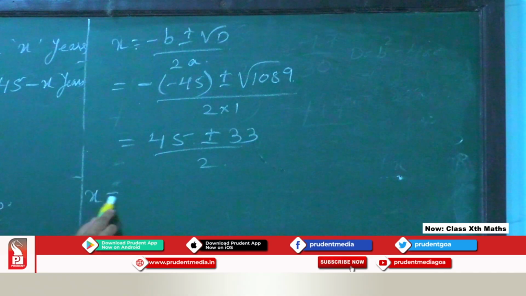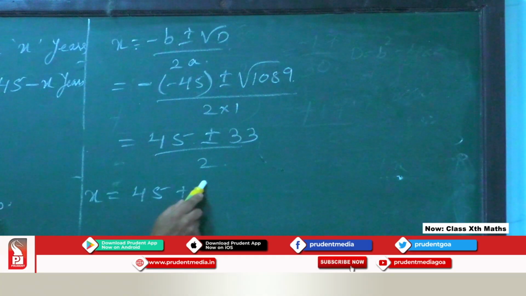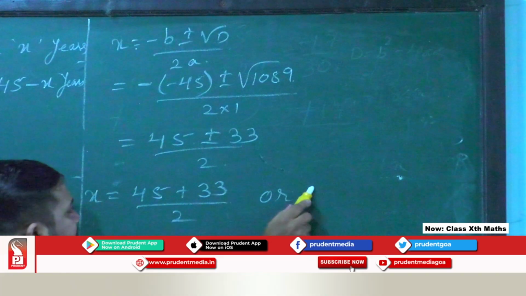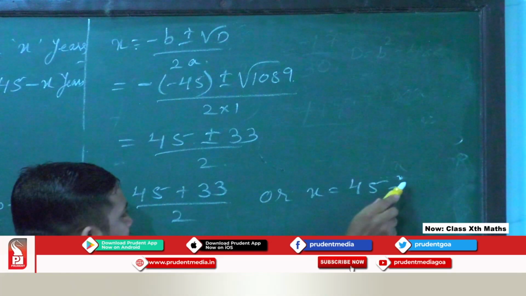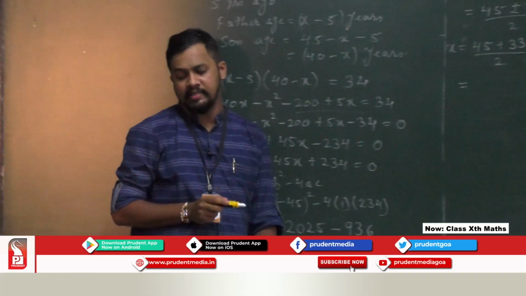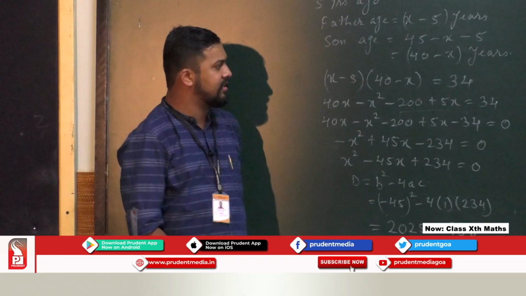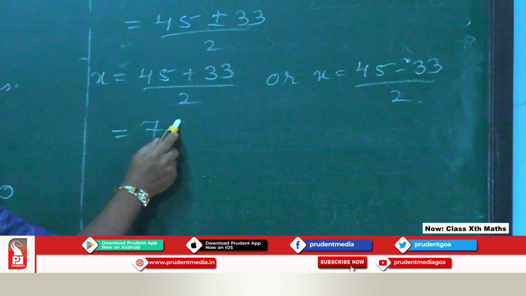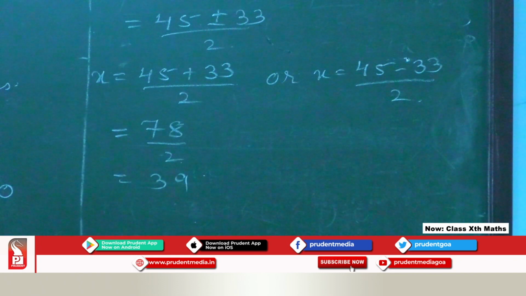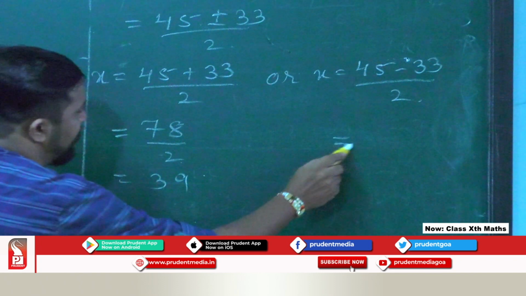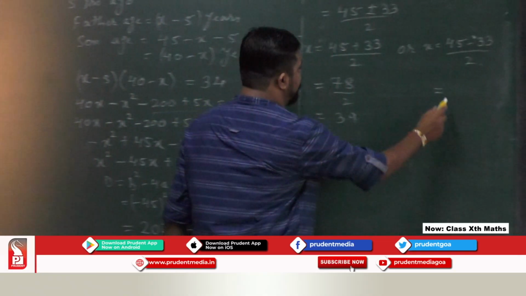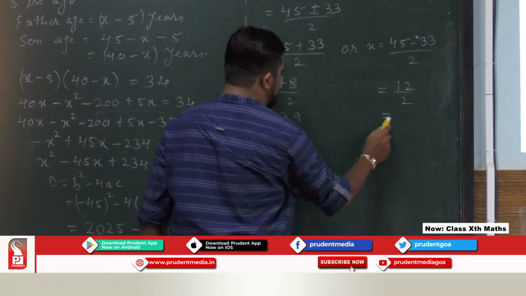So x is 45 plus 33 divided by 2, or 45 minus 33 divided by 2. So add 45 plus 33, you will get 78 by 2. So 2 3s are 6, 2 9s are 18, that is 39. And subtract now 45 minus 33. If you subtract, you will get the answer 12. So 12 divided by 2, which is 6.